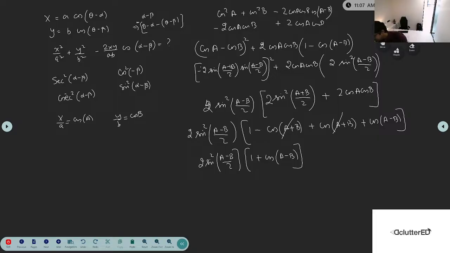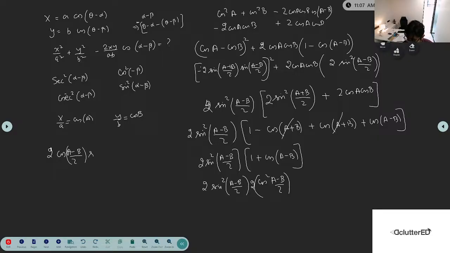Which translates to 2 sine square a minus b by 2 into 2 cos square a minus b by 2, and this is 2 cos a minus b by 2 sine a minus b by 2 the whole square, which is sine of a minus b the whole square, which is sine square alpha minus beta.